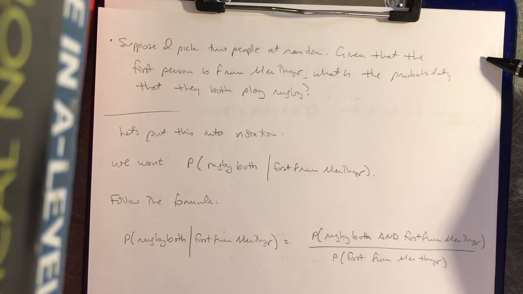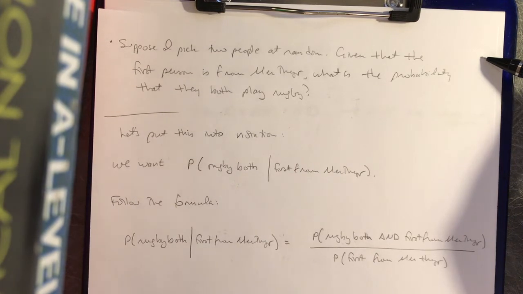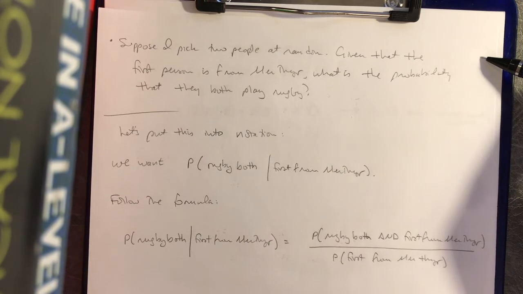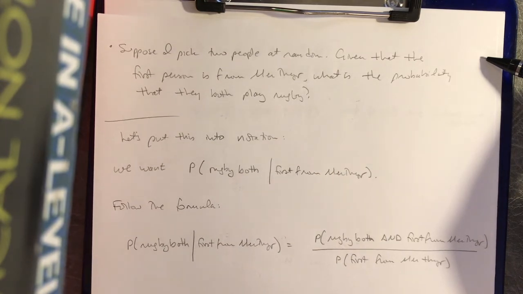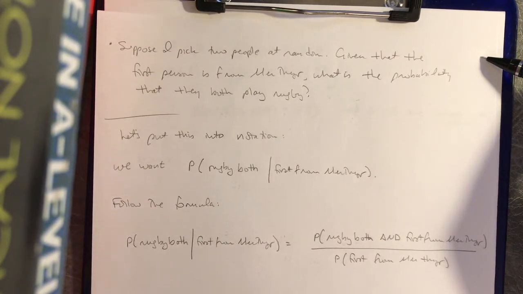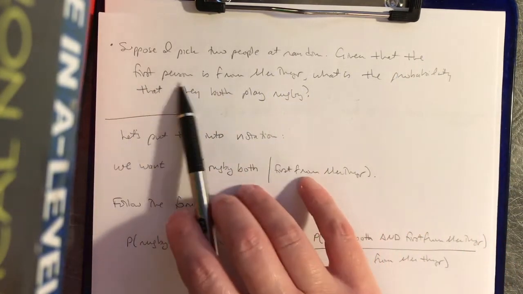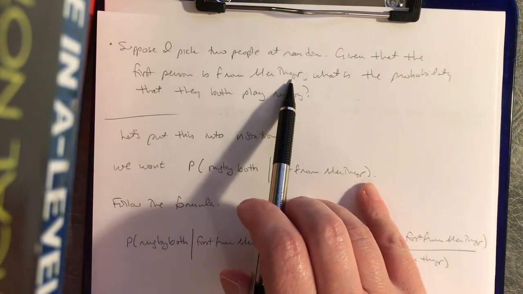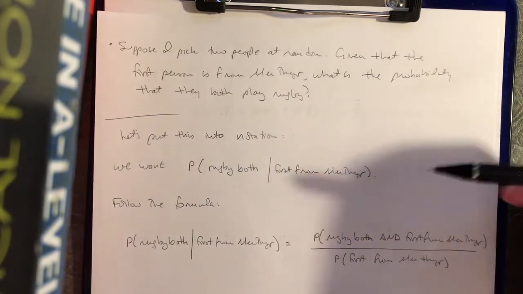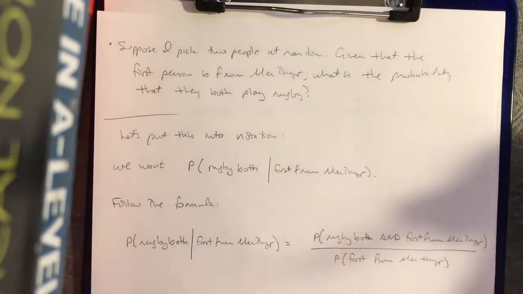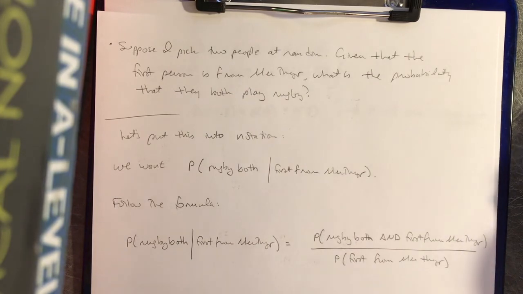And I'm assuming that as soon as I select one person, then the next person is a choice out of 34 people. I'm not replacing the person once I choose them. I do want 2 distinct people. Given that the very first person I chose happened to come from Merthyr, what is the probability that both people I choose play rugby?